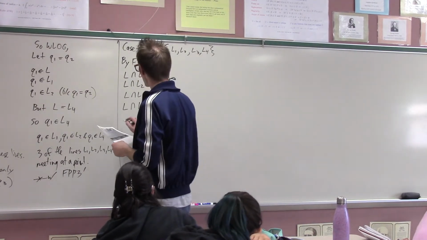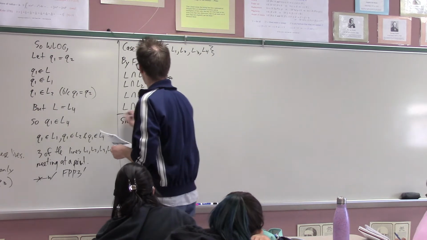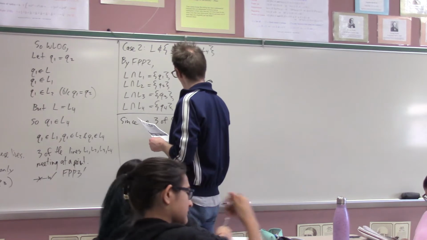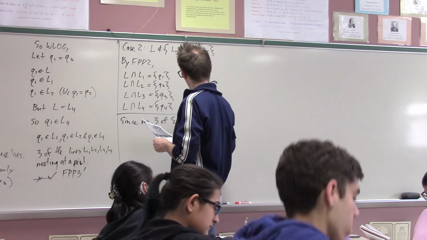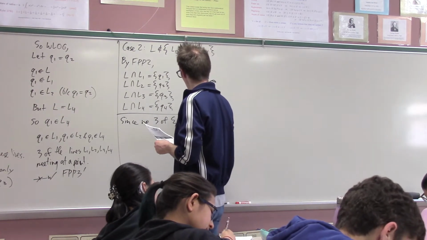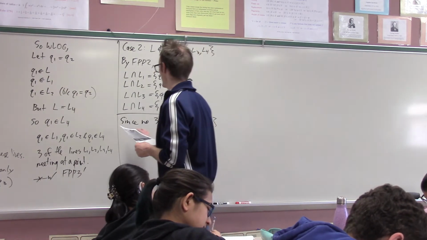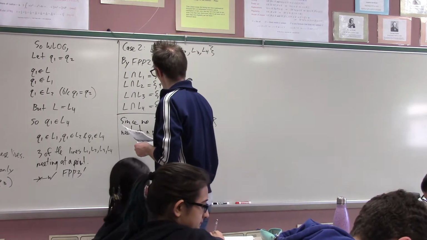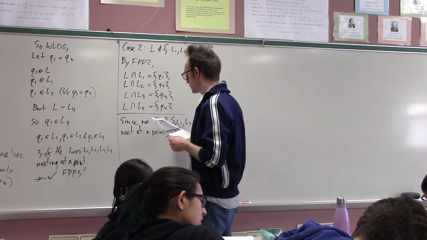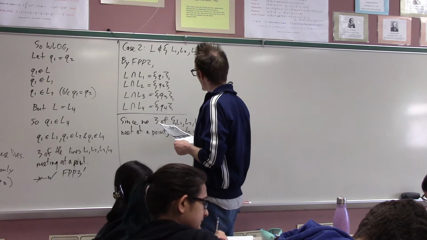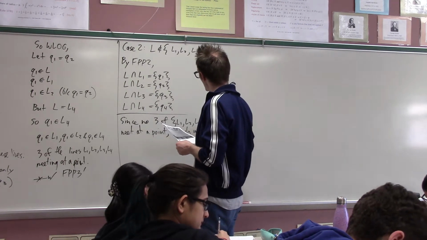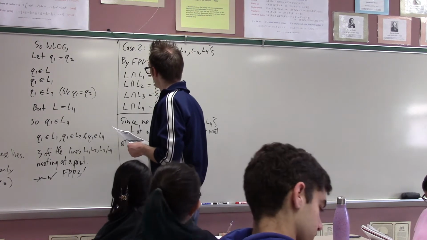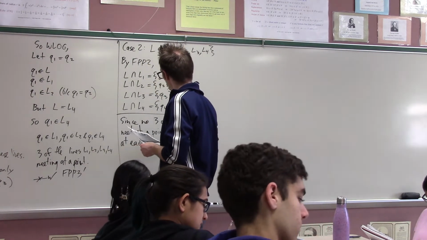So, since no 3 of L1, L2, L3, and L4 meet at a point, then 2 each must meet at each of P1 and P2.